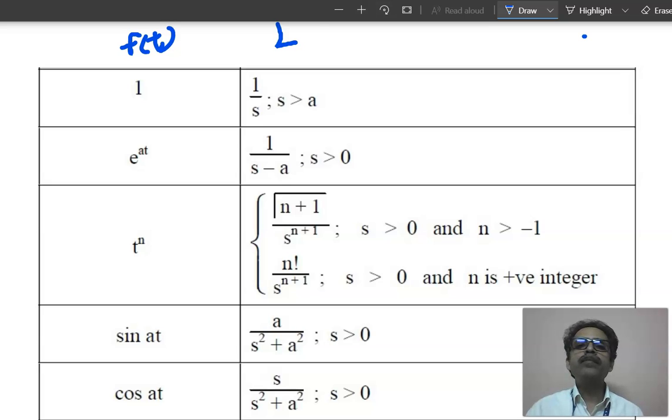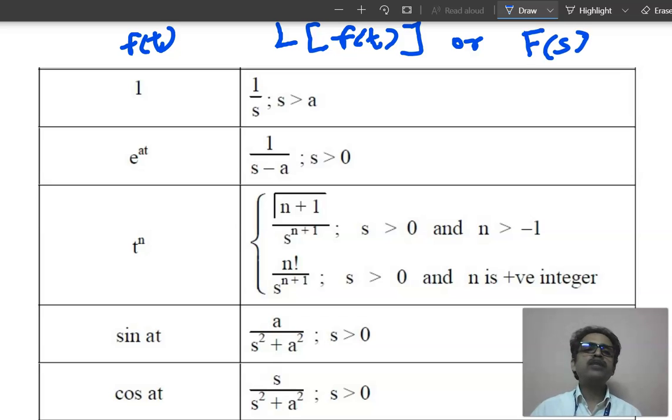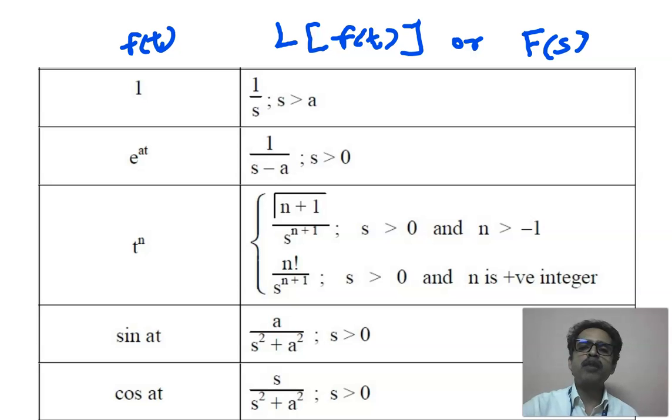Okay, so Laplace transform of f of t. Fine, now it's working. That is, or I can say, capital F of s. So the first column represents small f of t, and the second column represents the corresponding capital F of s, that is the Laplace transform of small f of t.